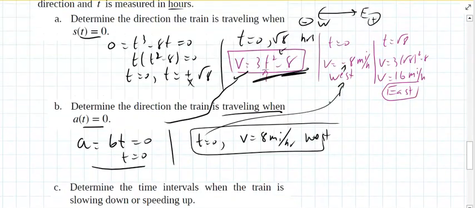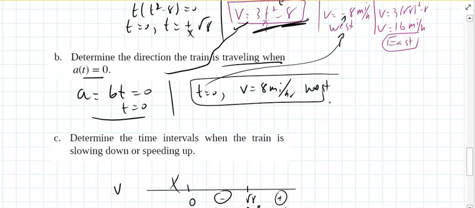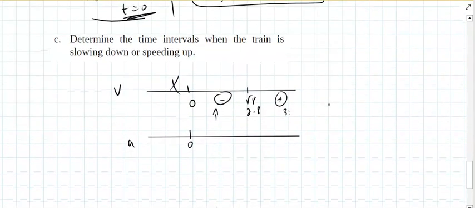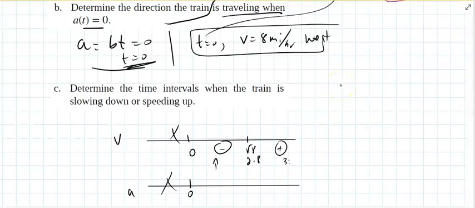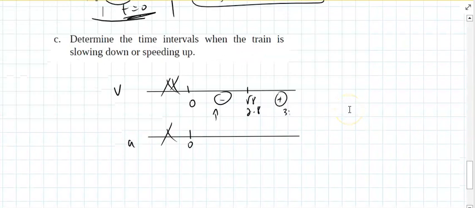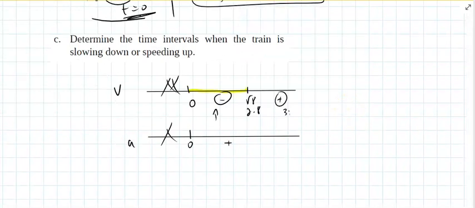Now, if I look at the acceleration, it equals 0 at 0, nothing to the left, and no matter what I pick to the right of 0, that's going to be positive. So let's match these colors again. This is negative, this is positive, and this is positive all the time.